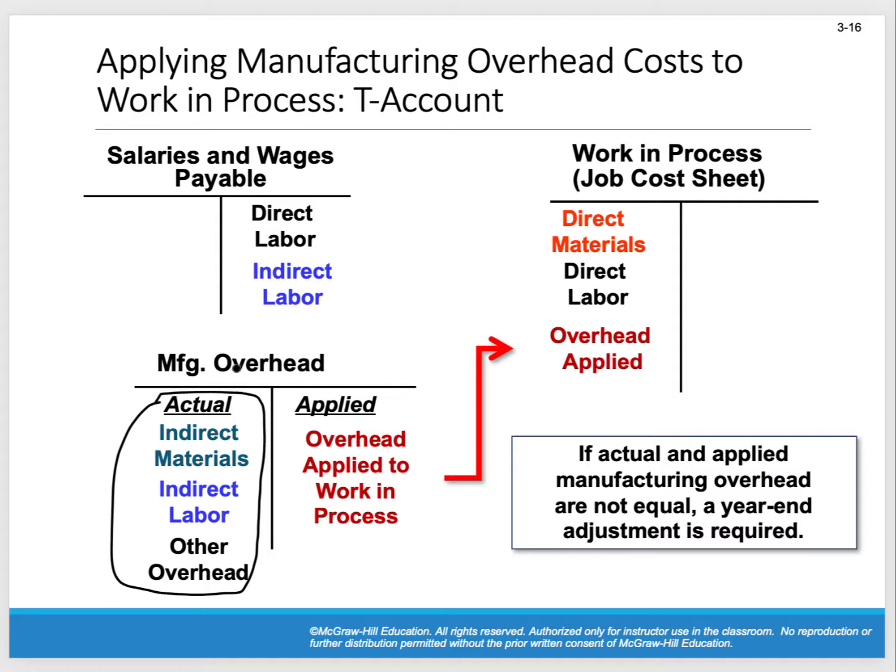But we need to apply these costs based on our predetermined overhead rate. And to do that, we use the right side of the manufacturing overhead T account, or the credit side, because remember, left is debit, right is credit. Okay.